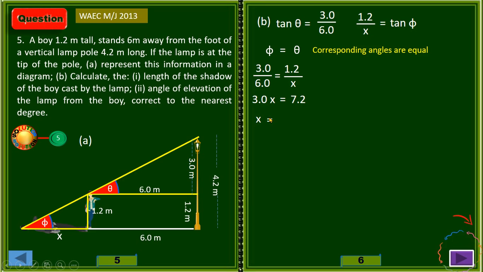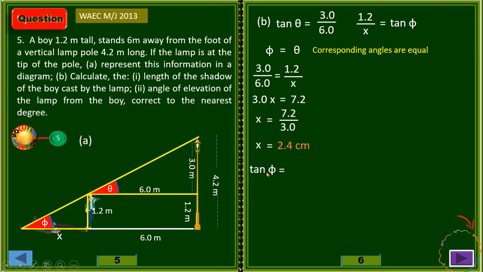So x will be 7.2 over 3. Using a calculator, we can divide this to give 2.4 meters. So x is 2.4 meters. The length of the shadow of the boy is 2.4 meters.